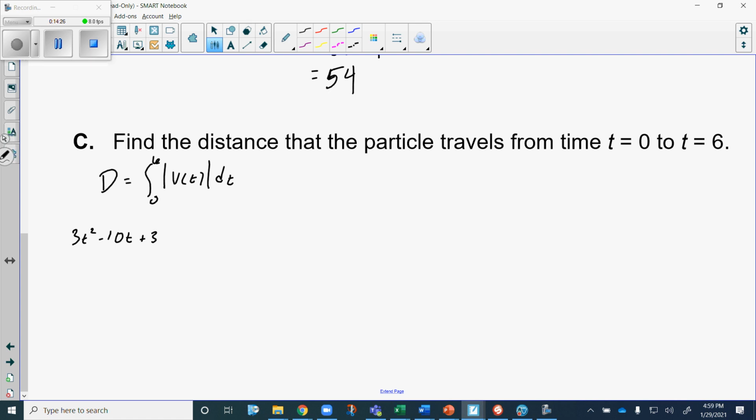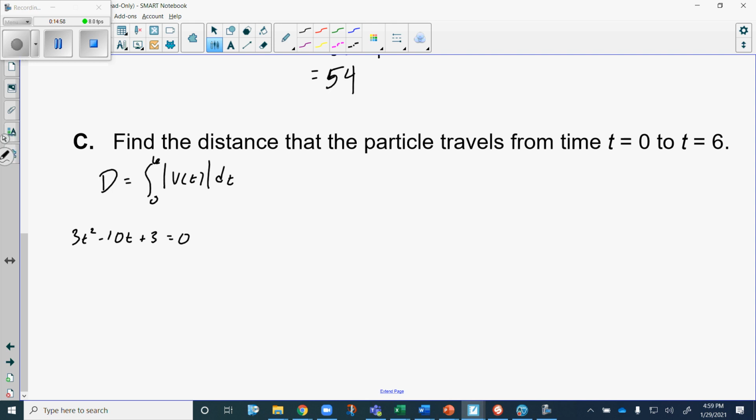And essentially we want to know the critical numbers of the velocity function, because when the velocity is 0, that tells you where the position function changes direction, and we can identify intervals where it's positive or negative based off of that information.